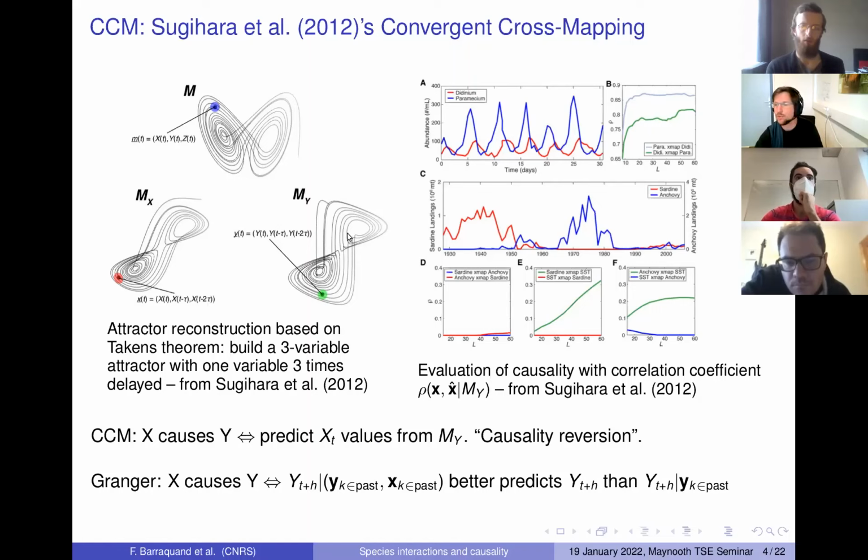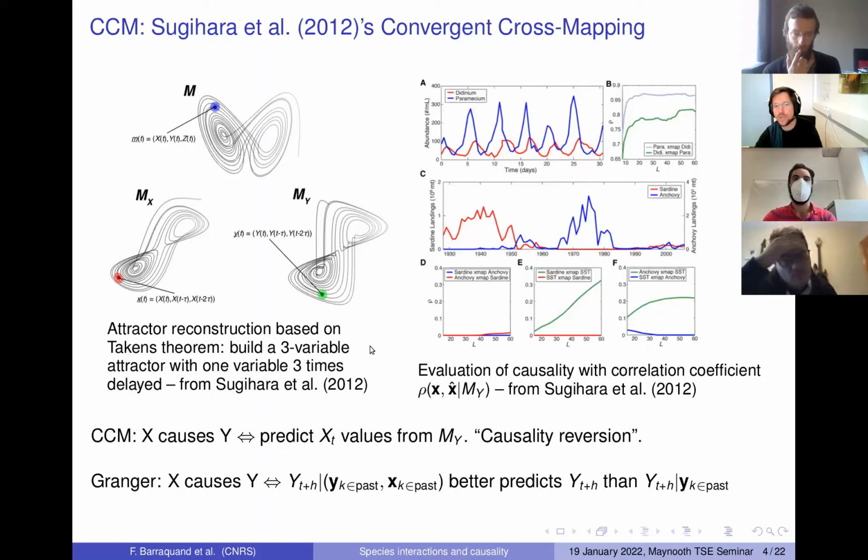And you can do the same for My, so you can have replicate versions of your attractors using x or y or z, for that matter. And Sugihara and Kohoto showed that if in the dynamical system x causes y, in the dynamic interaction sense that I showed you earlier, you can actually predict x_t values from this reconstructed attractor My.